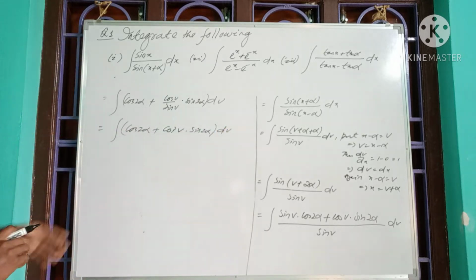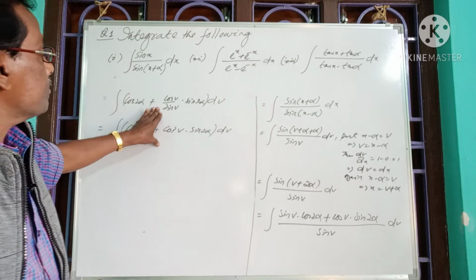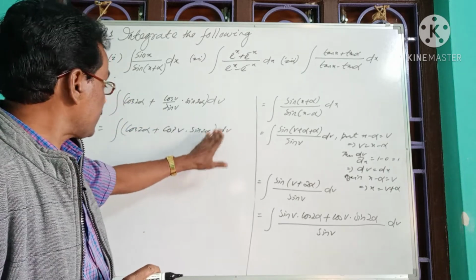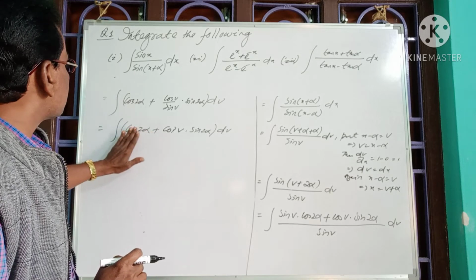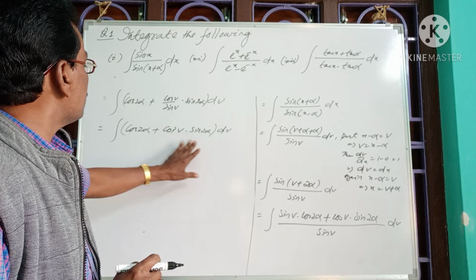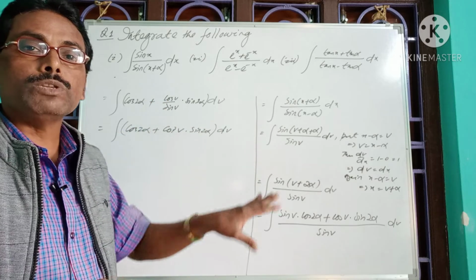Now see, the integrand contains the variable of integration as v, so v will be taken as the variable and the others will be constants. So here cos 2 alpha will be a constant, sin 2 alpha will be a constant, and only cot v is the variable function which will be integrated.